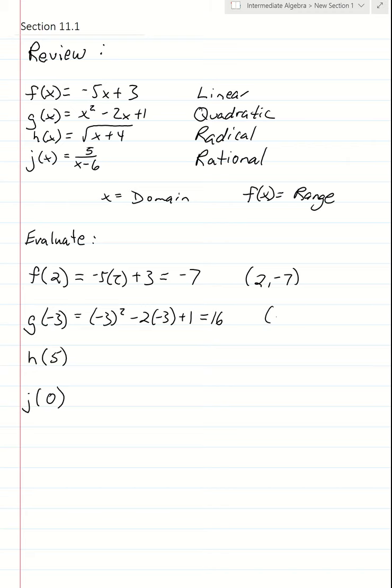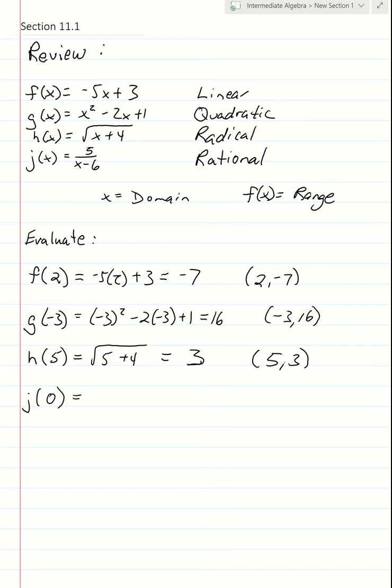So the ordered pair would be (negative 3, 16). If we want to evaluate the function h when your domain input is 5, now we're going to go with the square root of 5 plus 4, and when we simplify that, we get the number 3. And so our ordered pair would read (5, 3).